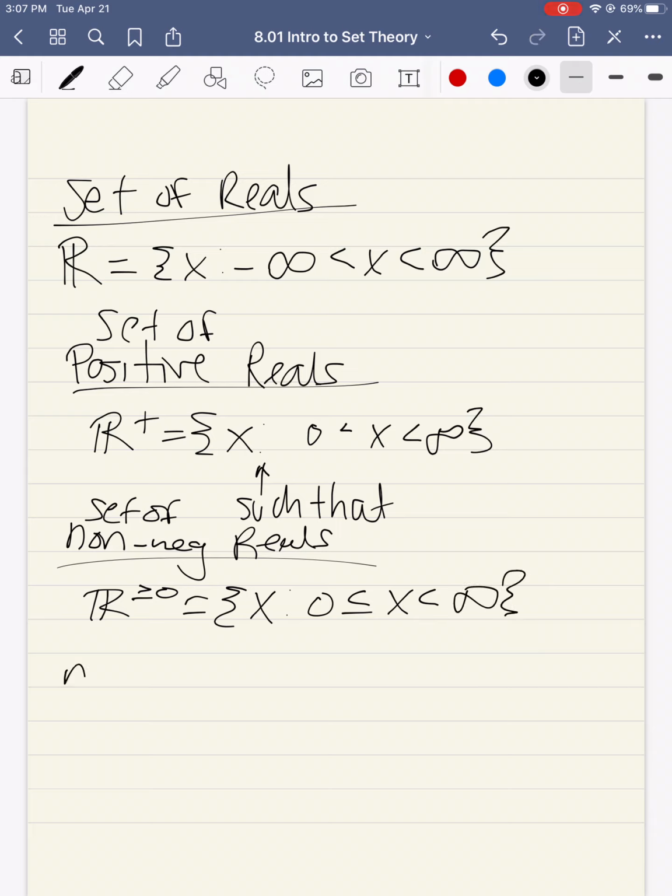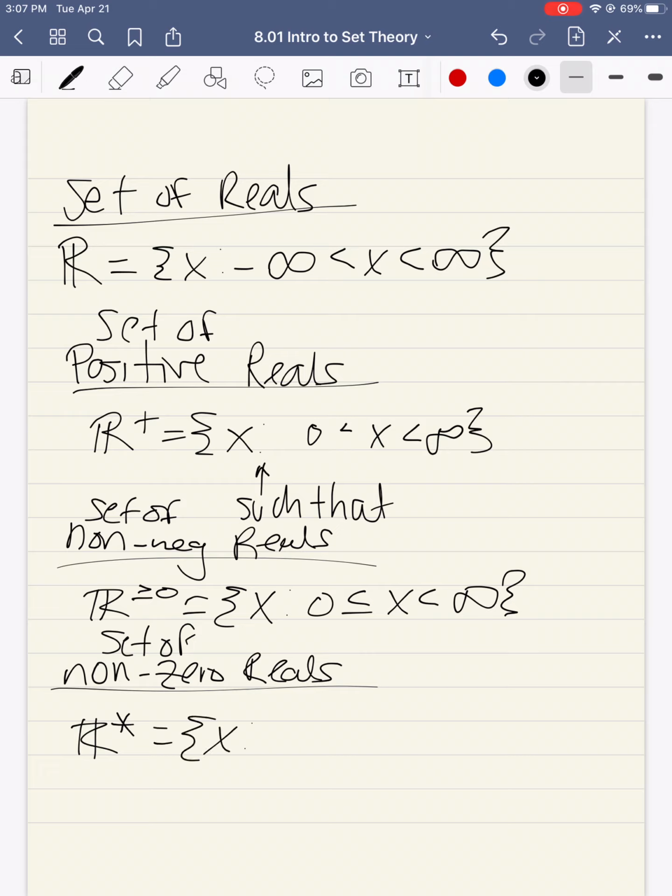And then lastly, we have the set of non-zero reals, where again we have this asterisk here, where that is x such that x is between 0 and infinity, but we can define this as the absolute value of x.